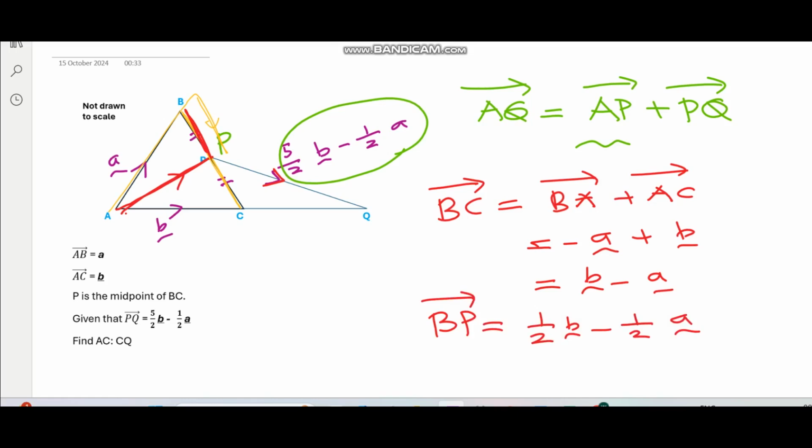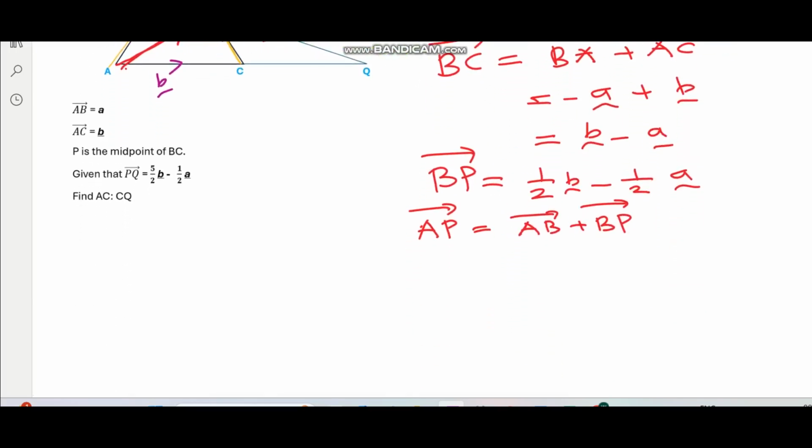So what's AP, which is what we are after here? AP is equal to AB plus BP. Let me scroll down a bit. So AB is vector A, BP is what we worked out here.